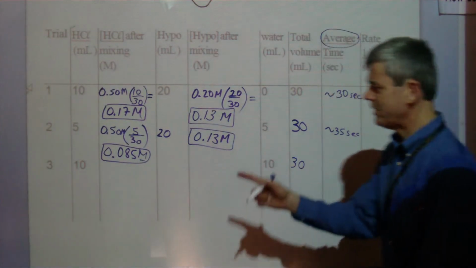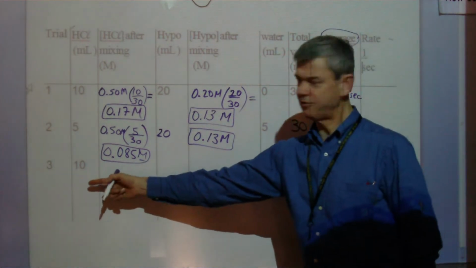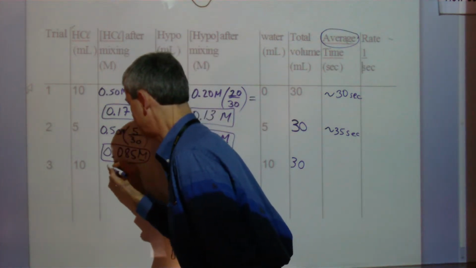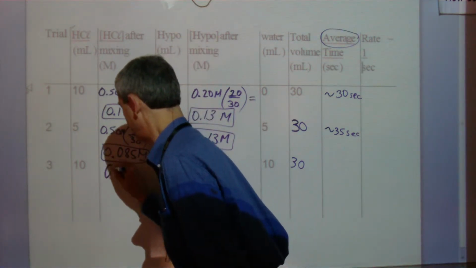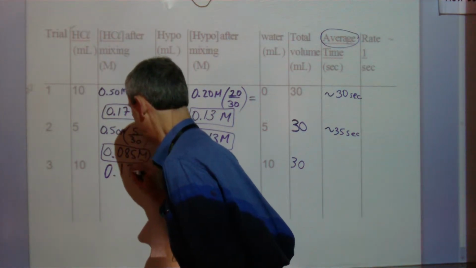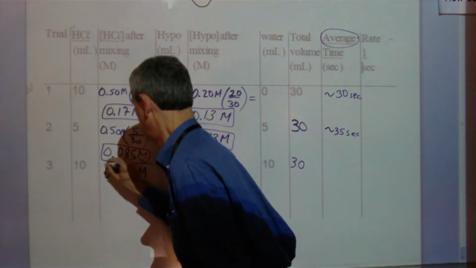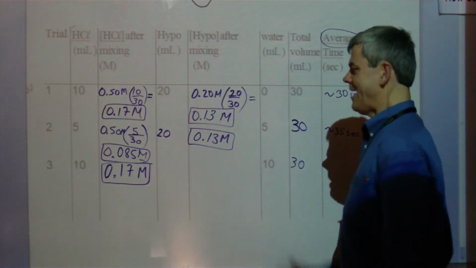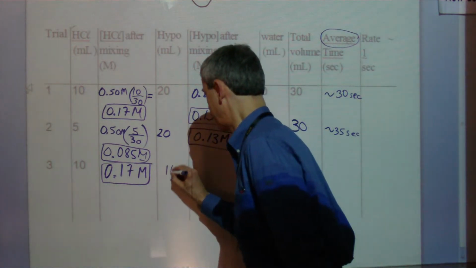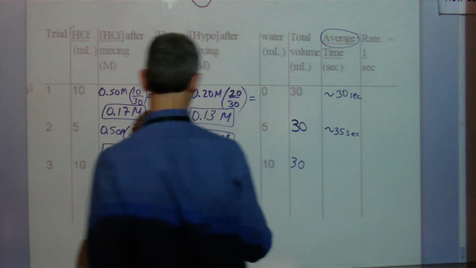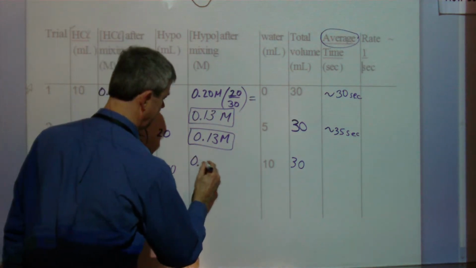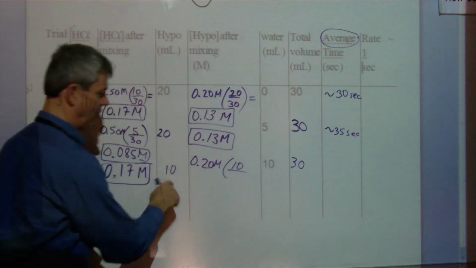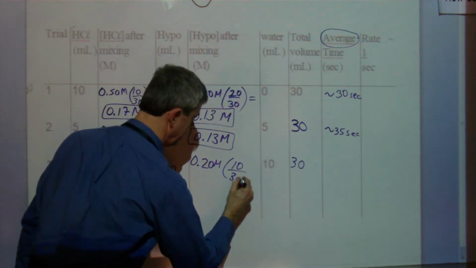Because you see in trial 3, of course, we've got 10 milliliters of HCl as we had in trial number 1, which gives us a concentration of 0.17 molar. But now our hypo has been reduced to 10 milliliters, and that will be a concentration of 0.2 molar times the ratio of 10 over the total volume, 30.